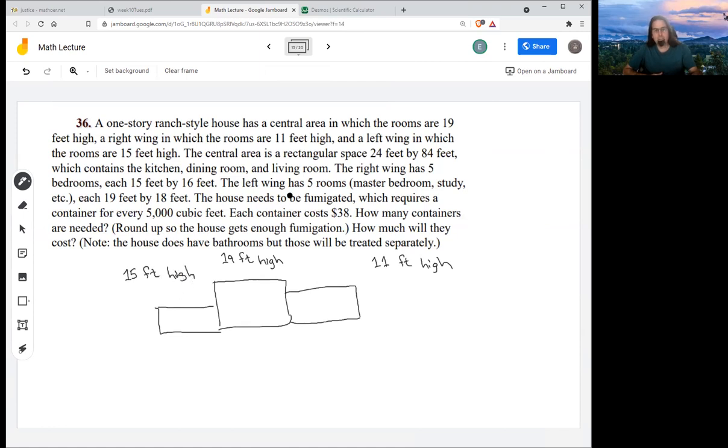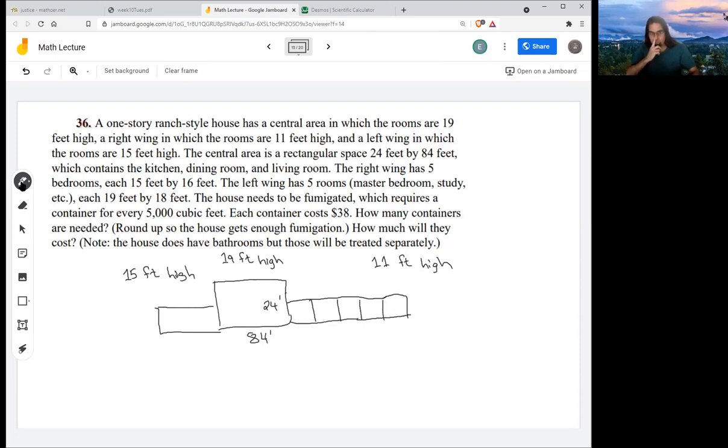Okay, now I get other things. The central area is 24 by 84. So 84 feet and 24 feet. The right wing has 5 rooms, each 15 by 16. So I kind of drew the wrong thing. I'm pretty sure they are not all in a line, but I'm just going to pretend they are. 1, 2, 3, 4, 5.